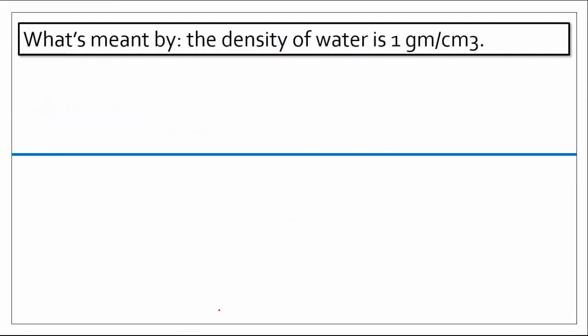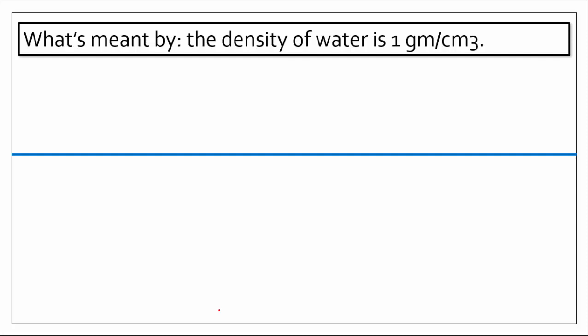What's meant by? Once I see a question like what's meant by, I have 2 options, no more. As I said before, and I will always say the same thing, I have to think about 2 things. Maybe he gave you the scientific term, so he needs the definition, or he gave you the definition, so he needs the scientific term.